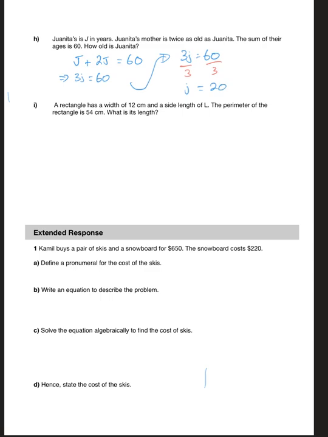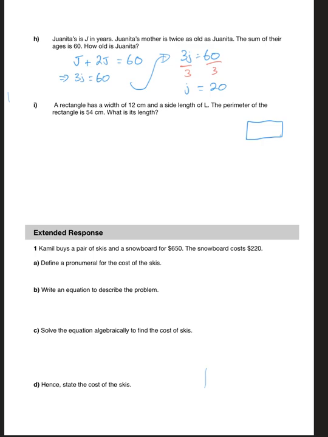And a rectangle has a width of 12 centimeters and a side length of L. The perimeter of the rectangle is 54 centimeters. What is the length? Okay, so very quickly I'm going to draw a rectangle, not to scale at all, just a rectangle. It has a width of 12.